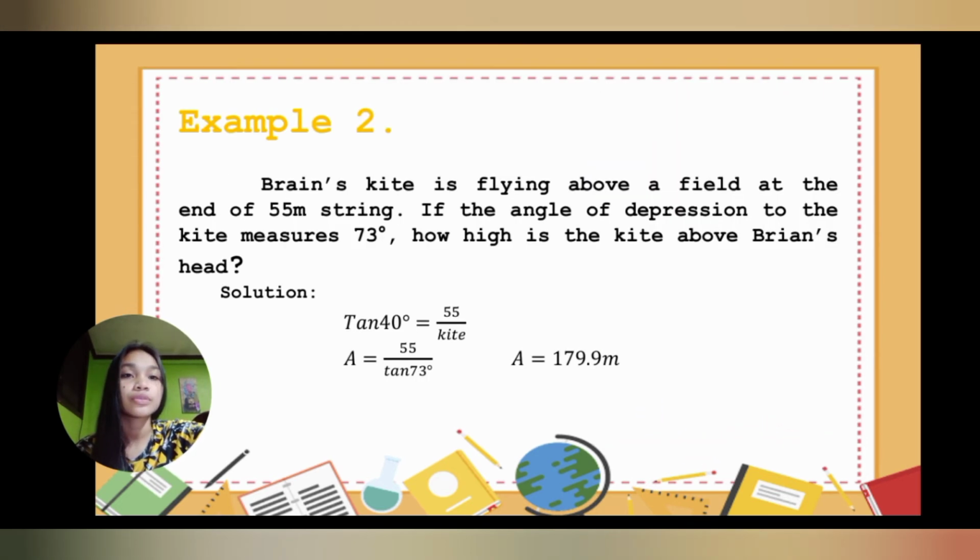Next, we have a boy whose kite is flying above the boy at the end of a 55 string. If the angle of depression to the kite measures 73 degrees, how high is the kite above the boy's head? This is our solution.